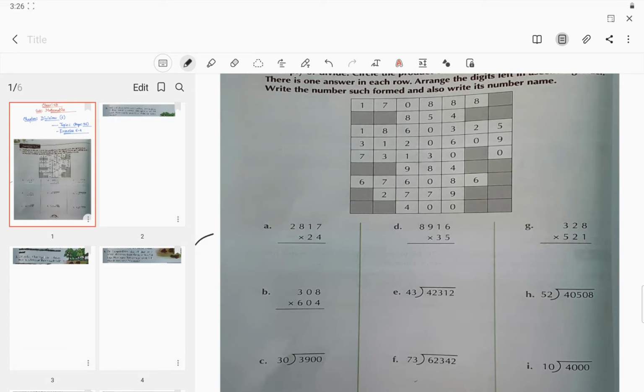I have solved the multiplication given in A, and the answer is 67,608. But you have to do this multiplication by yourself, and check my answer, whether it is right or wrong.